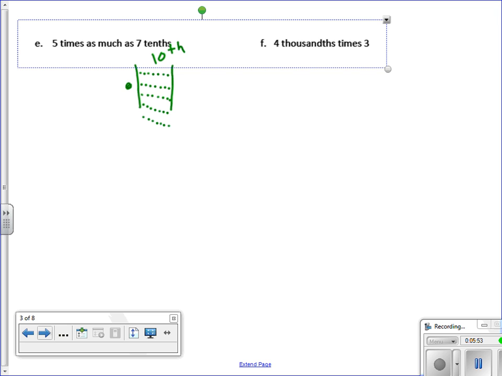Since we have so many in the tenths, I know we're going to have some ones. We're going to group them, 7 and 3 from here, gives us 1 group of 10. Make our disc a little bigger. 1, 2, 3, 4, 5, 6, 7, 8, 9, 10 gives us another disc. Another group of 10 gives us another big disc.